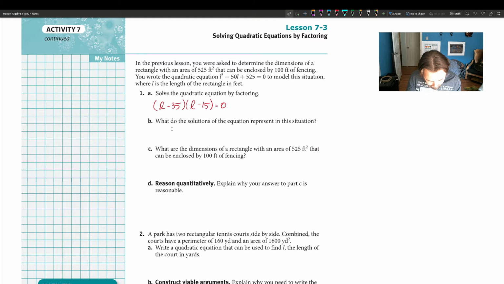So L equals 35 or L equals 15. So what do these solutions of the equation represent? Possible lengths of the rectangle, I guess.